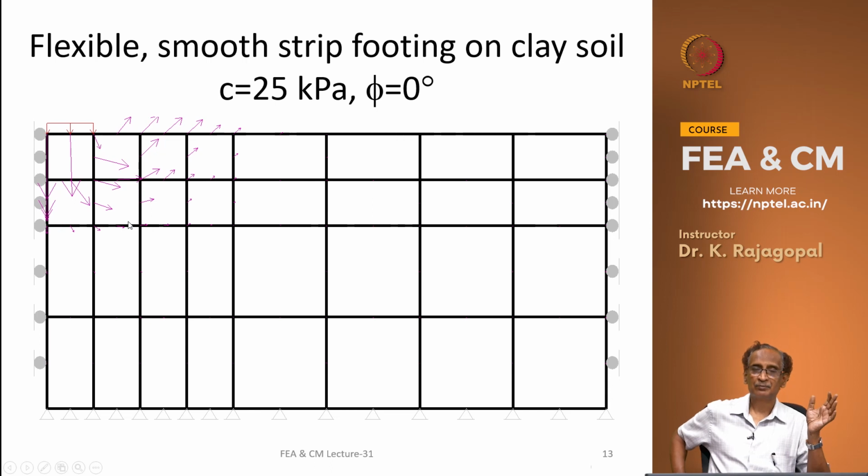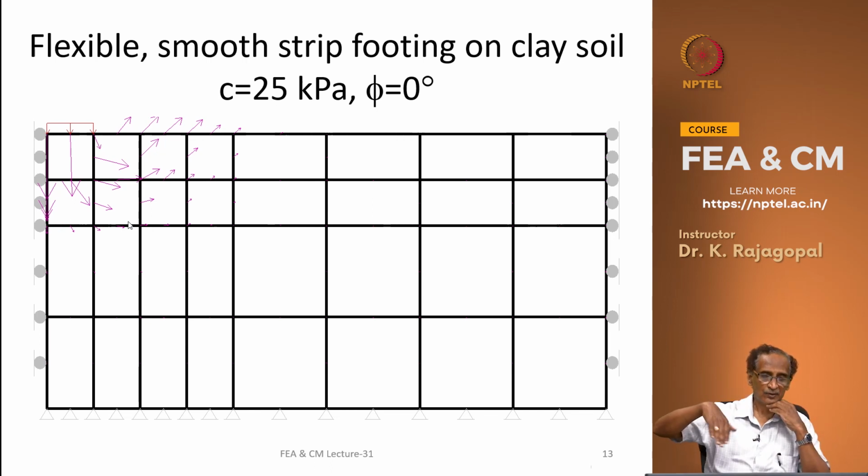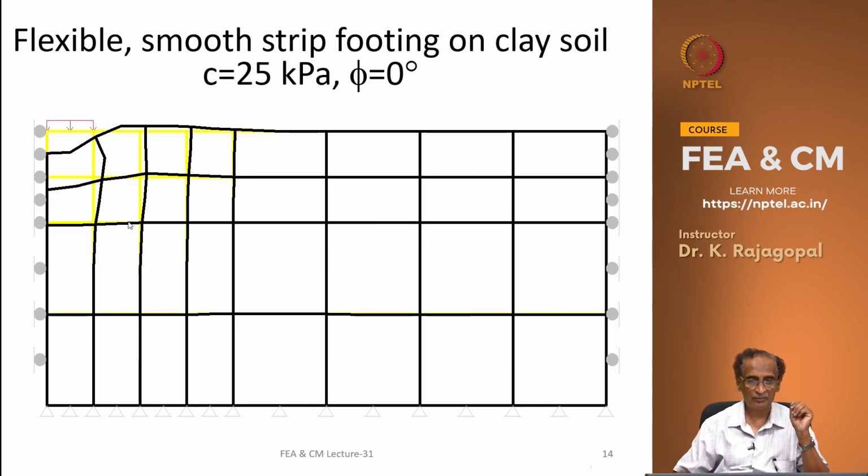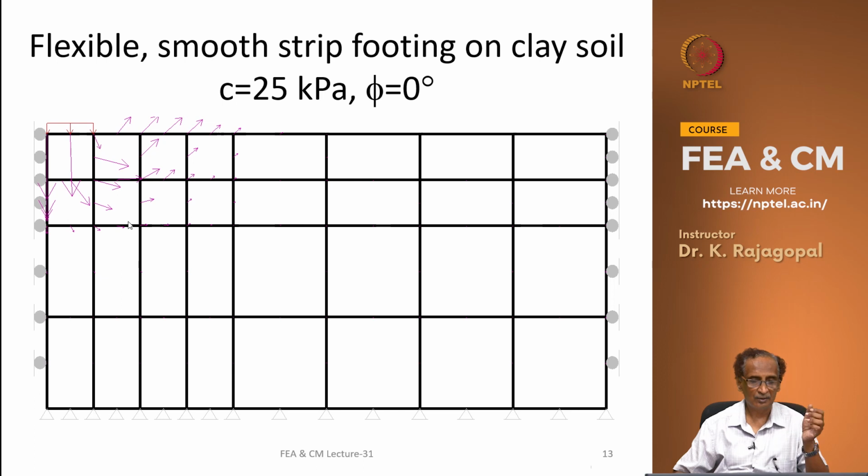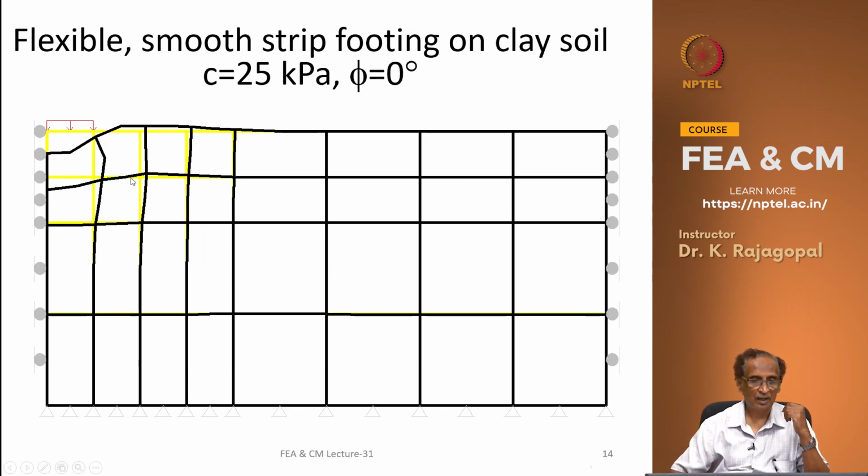If your phi is 0, your slip surface will be more like a circular slip surface, and this is your flow vector. These are the flow vectors, and this is your deformation pattern. The yellow line is your original mesh, and this black line is the deformed mesh.